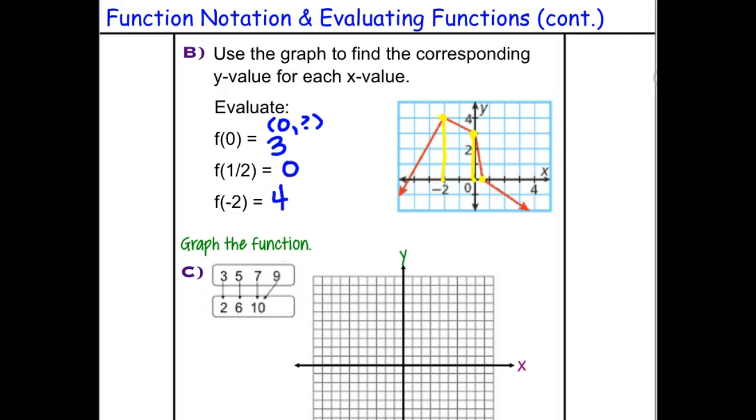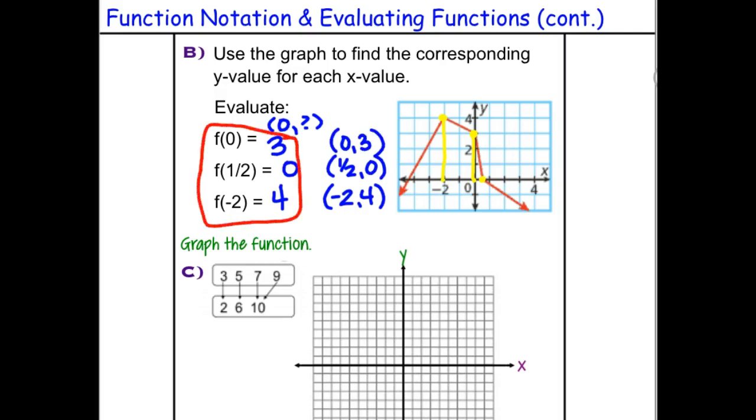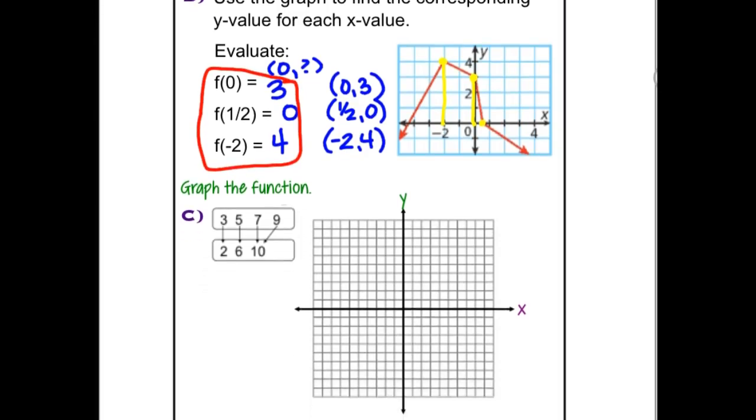So f of negative 2 is 4, because if I wrote my ordered pair, it'd be negative 2, 4; 1/2, 0; 0, 3. But when I say to evaluate the function, this is what I'm looking for as opposed to the ordered pair.